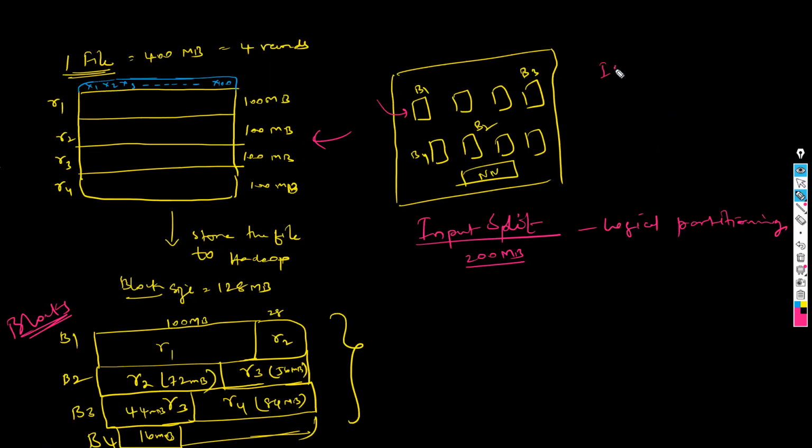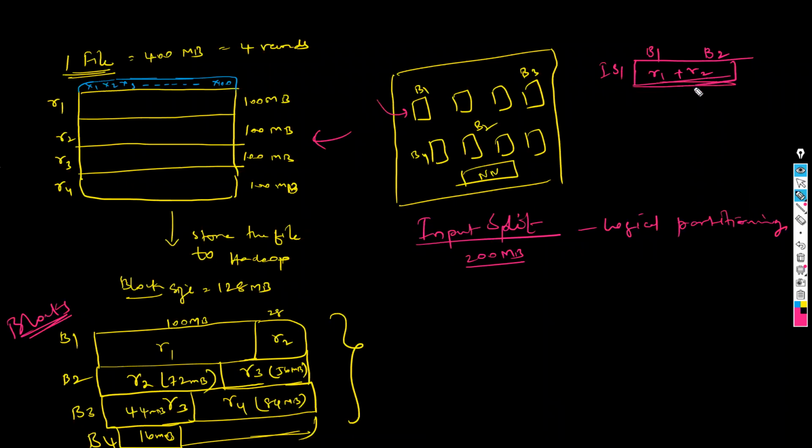So input split 1 needs to have 200 MB. I take block 1 first, which has 128 MB. It contains R1 plus R2, but part of R2 is there in B2.